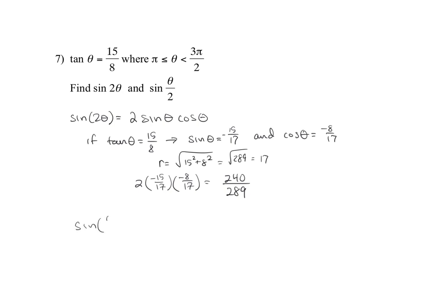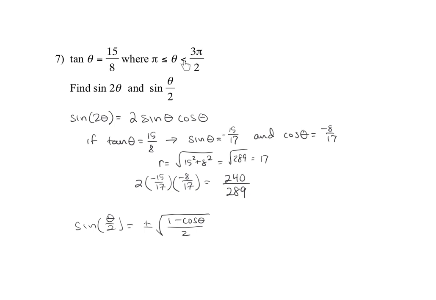So sine of theta over 2, we just need to determine if it's the principal square root or the negative square root. So it depends on where theta over 2 is.